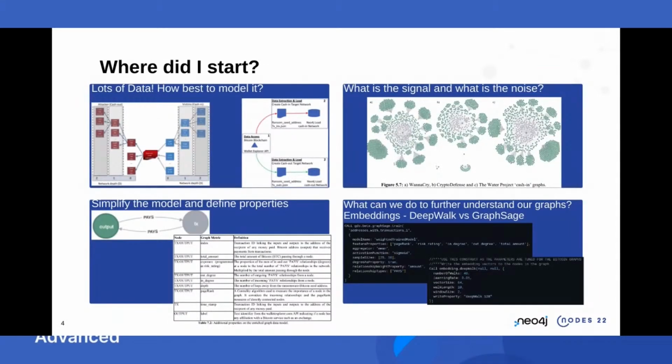So where do I start? If anyone's familiar with the cryptocurrency ecosystem, you'll know that there's a lot of data, and the data that it forms is, in its natural essence, a graph. Modeling this, I was helped greatly through the use of Neo4j.